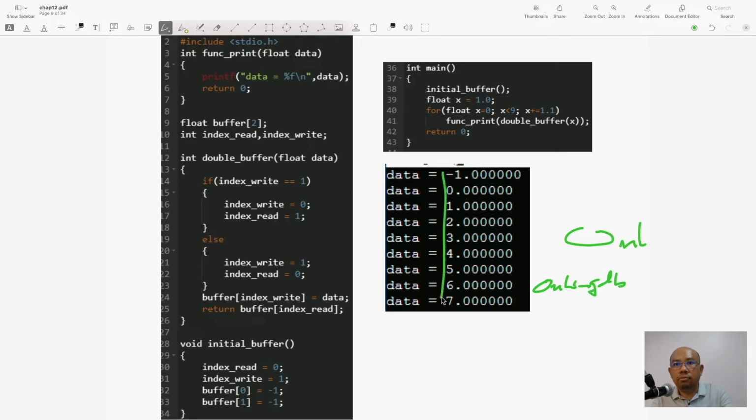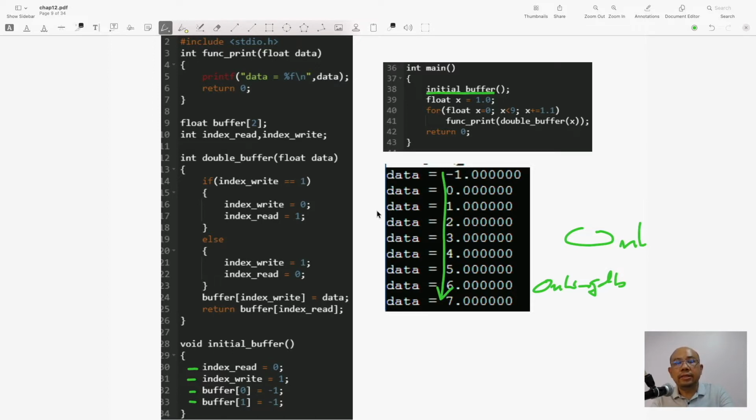The program makes an integer buffer, setting the start location of index read and index write, and also sets the empty buffer by setting -1 to be the empty buffer.